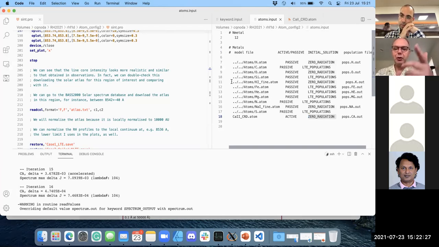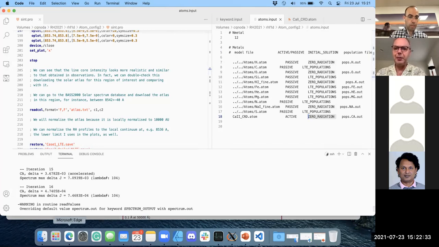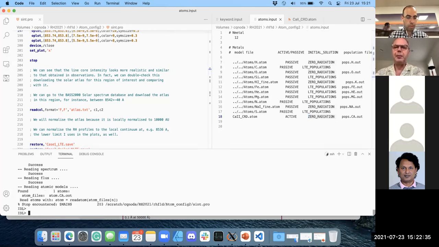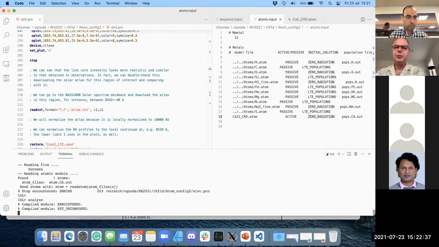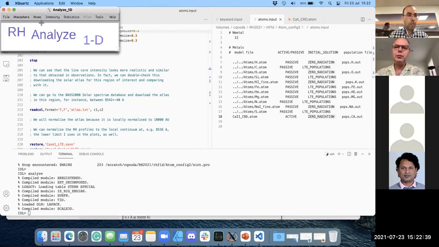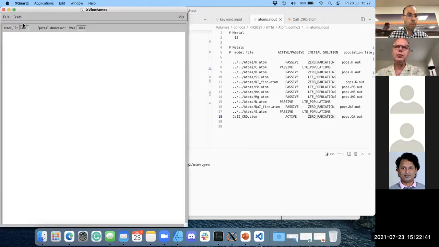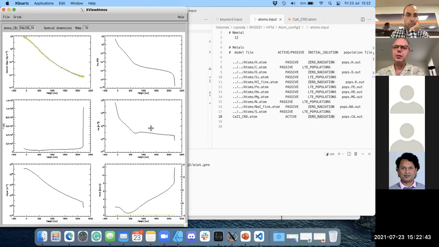So when you have a chromospheric temperature rise, I'm not sure which model you're using. Is this the FALC? Yes, it's the FALC. Okay, so when you have a chromospheric temperature rise, then the populations will be determined by the Saha-Boltzmann equations, and you calculate the intensity.